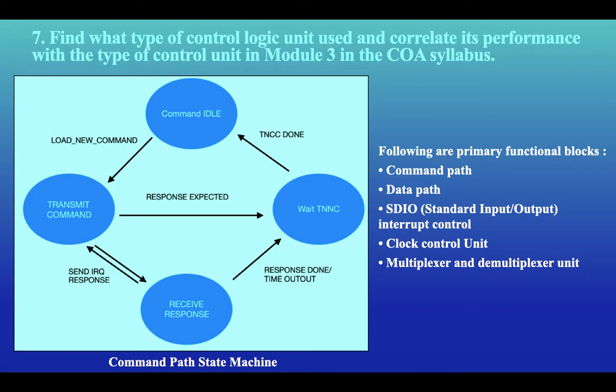There are other primary functional blocks also, which are data path, SDIO, clock control unit, multiplexer and demultiplexer unit. The command path state machine is given over here.